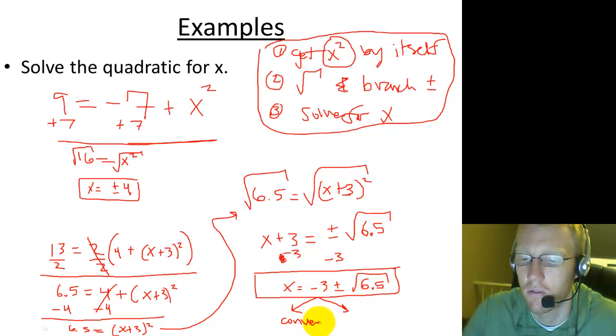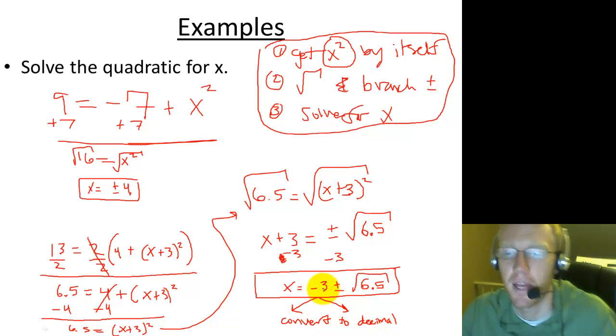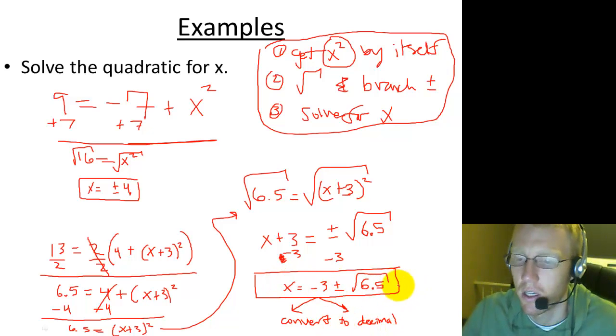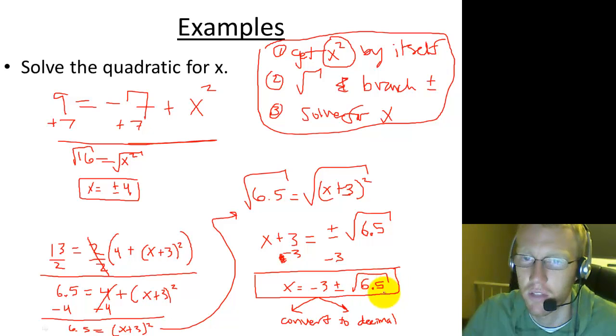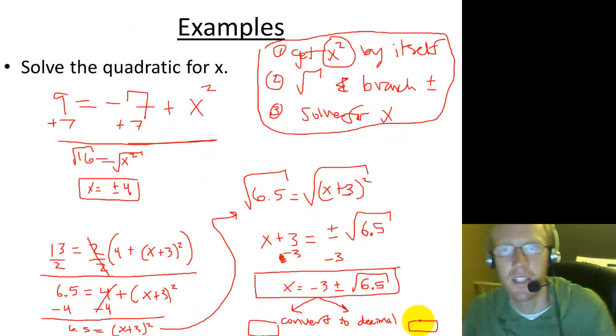So let's just say convert to decimal, and I don't have a calculator on me right now, so I'm not going to actually type this in, but just be aware in your head that once you get it to this form, you can then actually take the square root of this decimal value and write two different answers, 1 and 2. Okay, so that's it for this section.